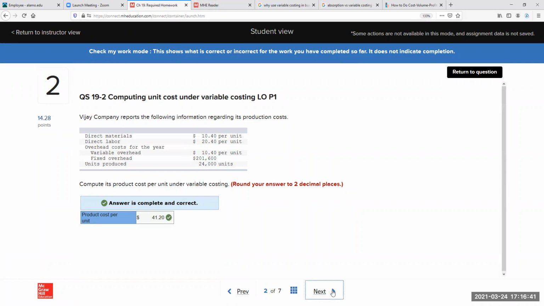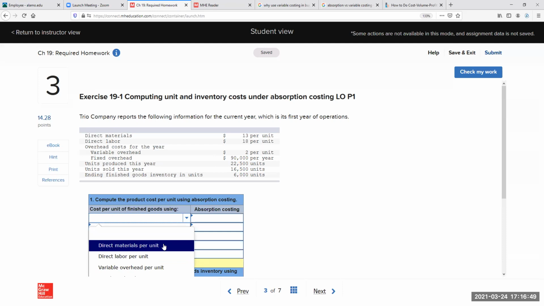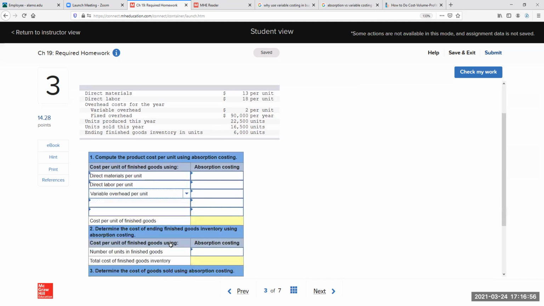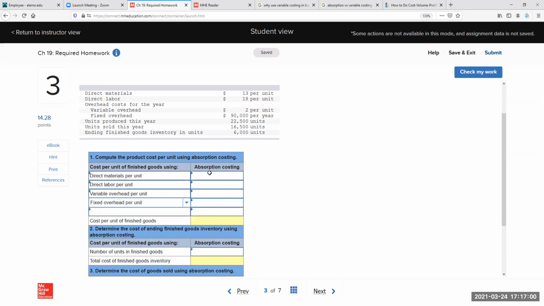Now let's go try number 3. Computing unit and inventory costs under absorption: materials, labor, variable overhead, and fixed overhead per unit.